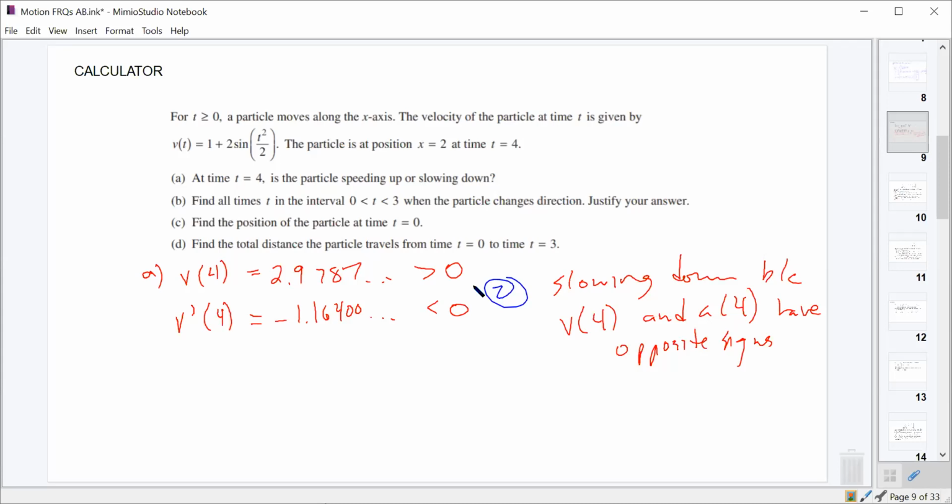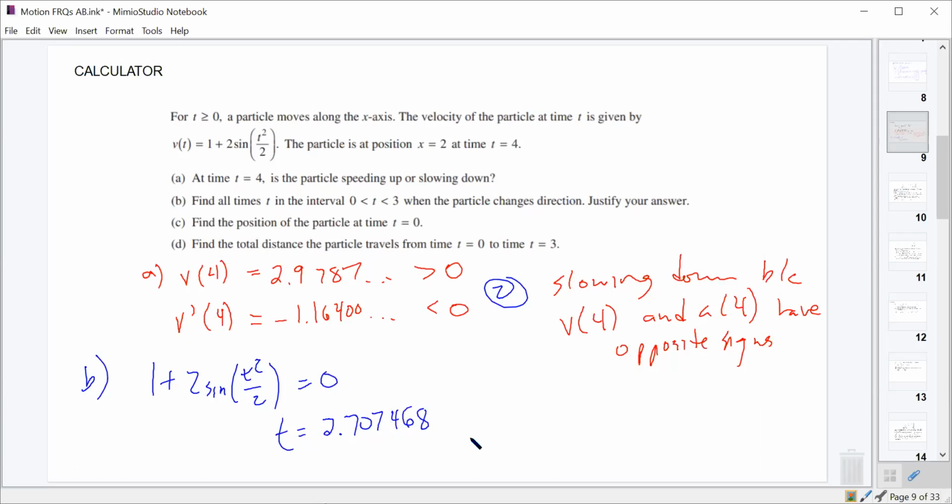Okay. Part B. For part B, we want to know on the interval 0 to 3 when the particle changes directions. In order to figure out places where it might change directions, you'd take 1 plus 2 sine t squared over 2 and set it equal to 0. And you'd find a t value of 2.70748.